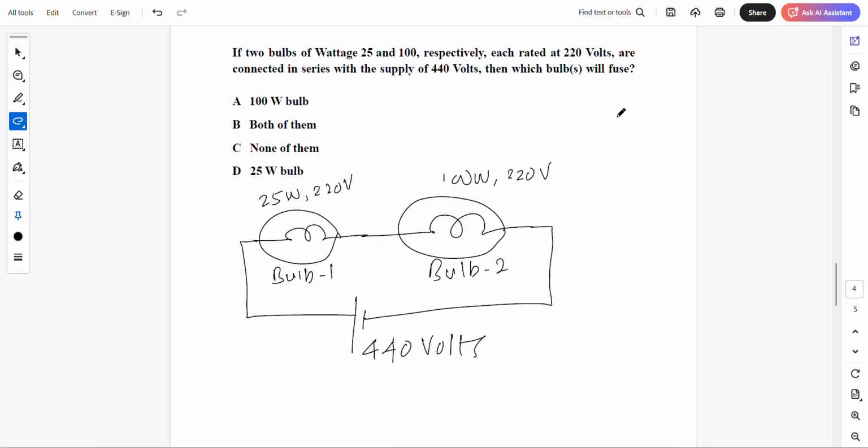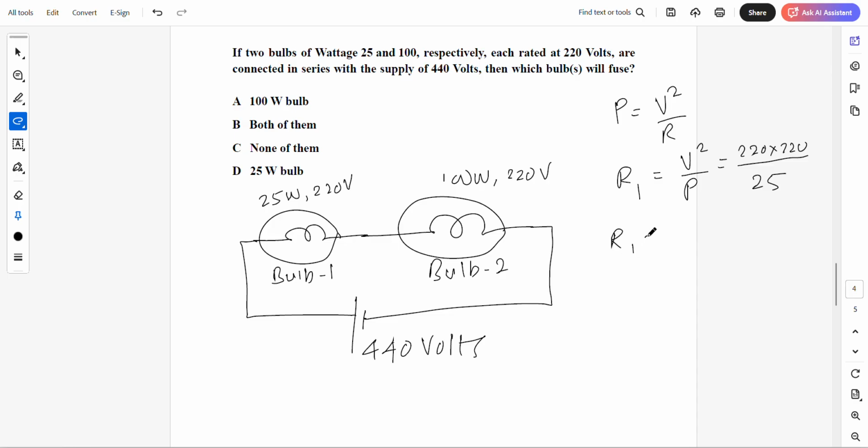How to calculate? We know P is equal to V square by R. Therefore R1 is equal to V square by P. How much is V here? 220 into 220, divided by P, which is given as 25.